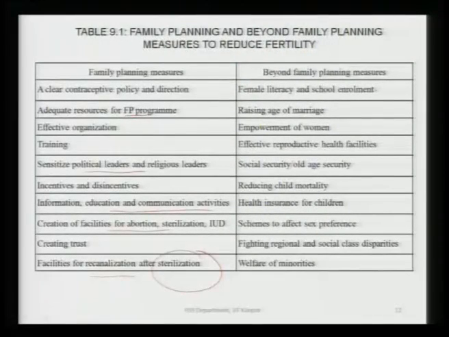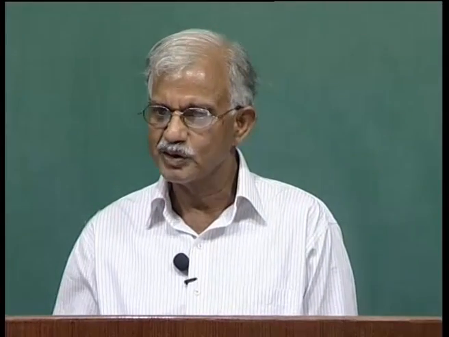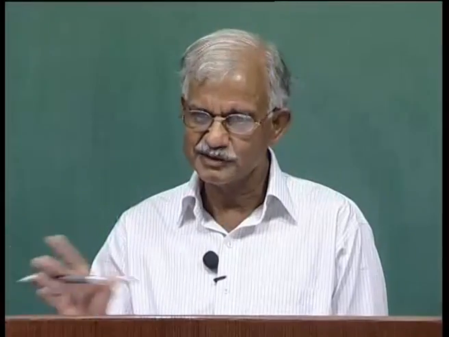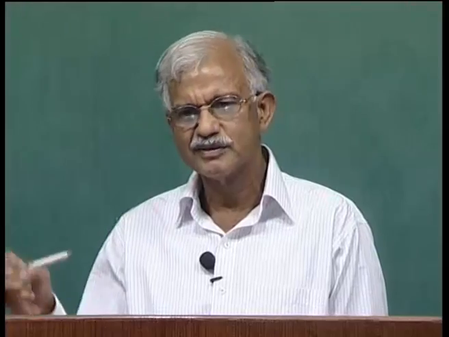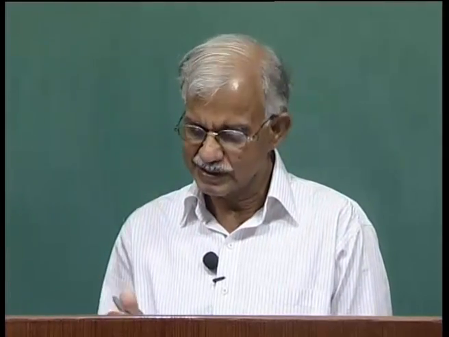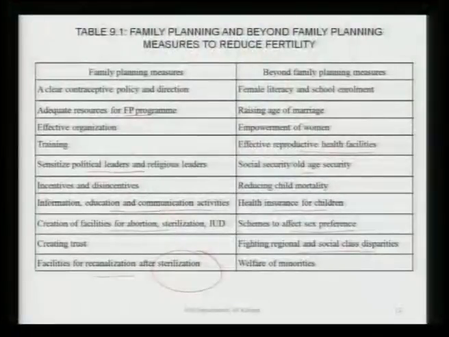Beyond family planning includes literacy, age of marriage, empowerment, reproductive health facilities, old age security, reducing child mortality, health insurance for children, schemes to affect sex preference. In our country, many couples produce more children just because they want to have more sons. If gender bias can be removed from society, that will also affect your total family size. Then regional and social disparities and welfare of minorities.